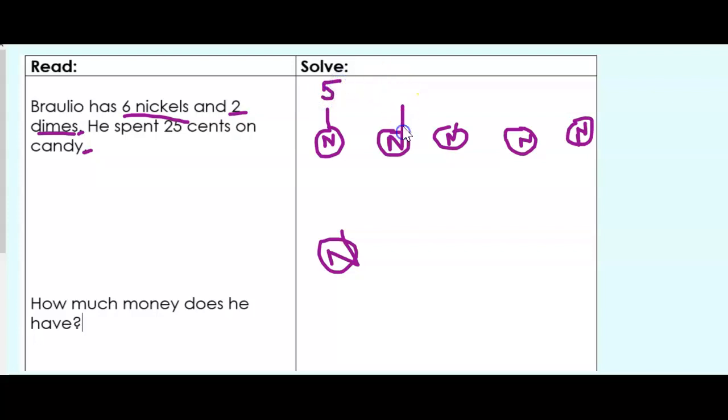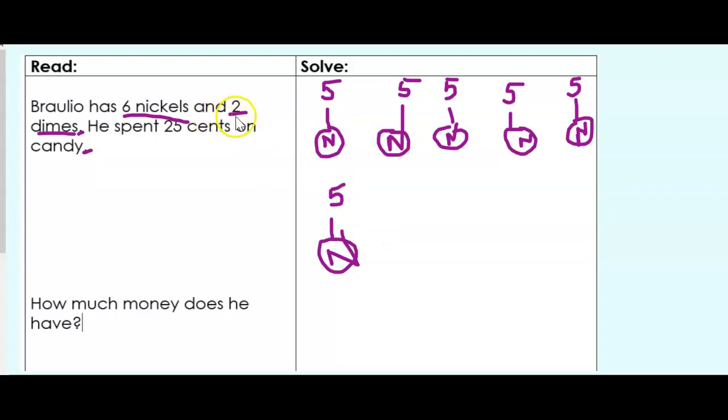So as I write the hairs and the number 5 above each nickel, you can do the same on your paper as well. Great job, boys and girls.